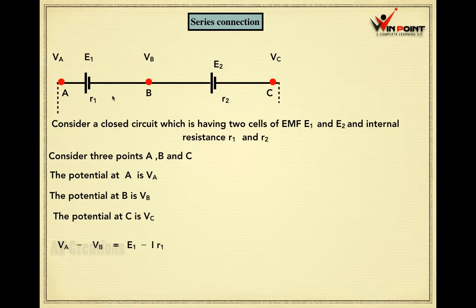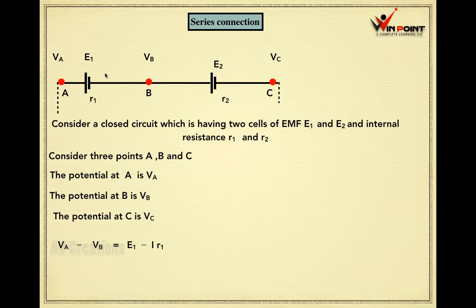We know that the EMF is the maximum voltage that a cell can give, but in a circuit that is not possible. In the circuit there will be a role of internal resistance, so there will be a potential drop because of internal resistance. The equation for potential is I into R, current into resistance. If we connect a cell in a circuit, we cannot use the entire EMF of the cell.